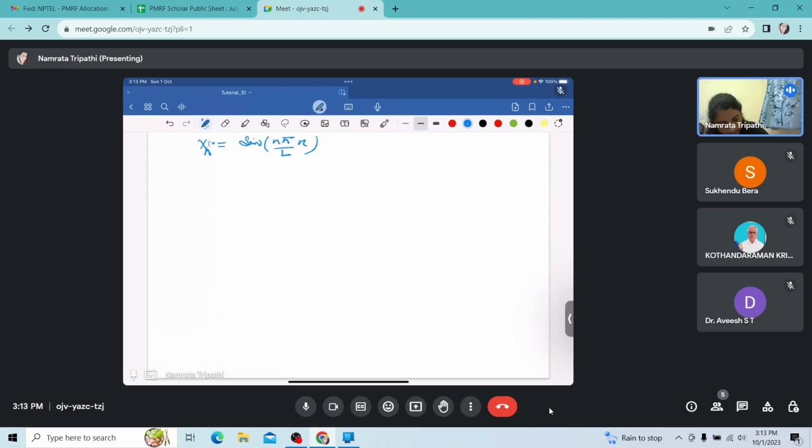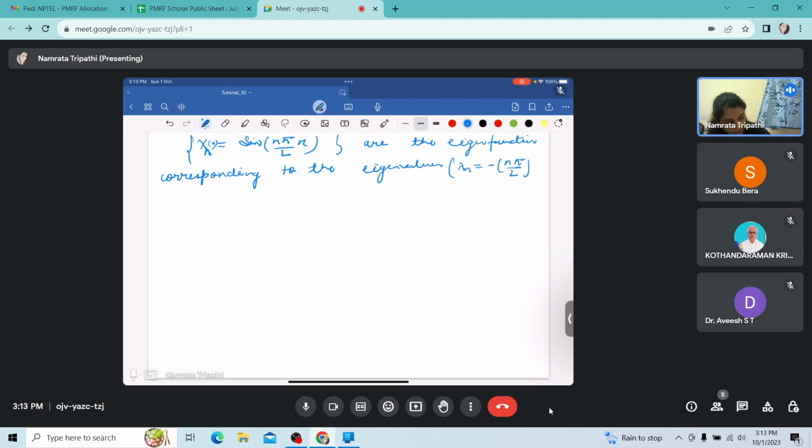So these are the eigenfunctions. The eigenvalues are minus n pi upon l whole square, n is from 1 and so on. So these are the eigenfunctions and corresponding eigenvalues.